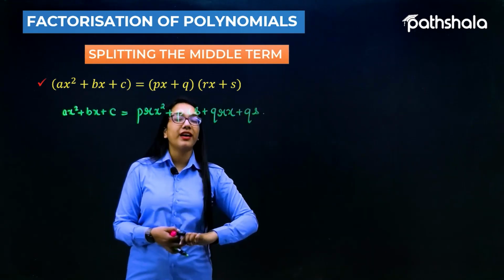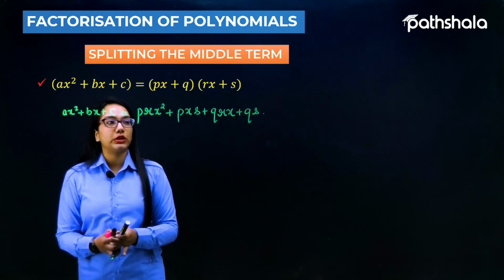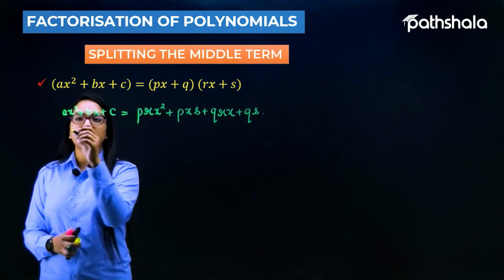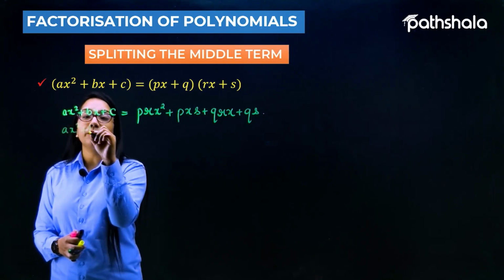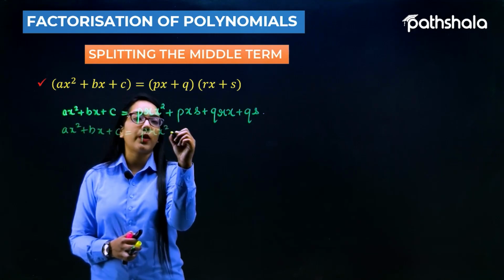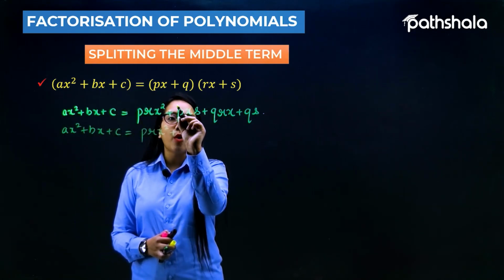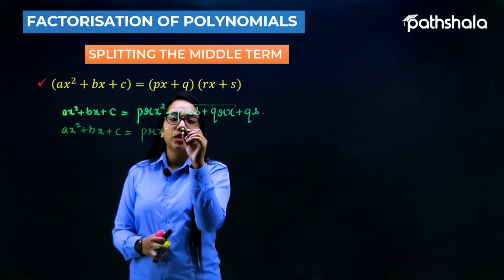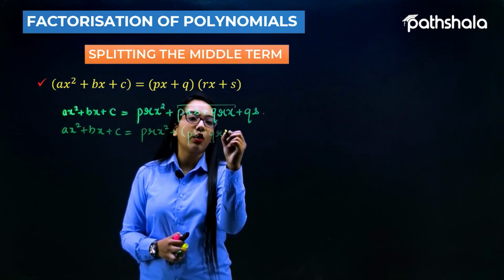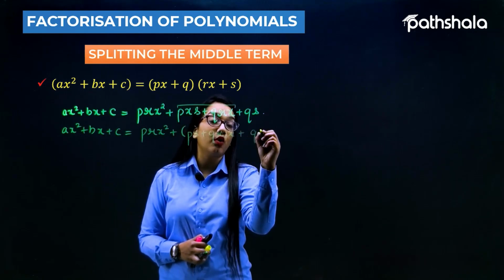Now let's compare both of the terms, but before comparison let me take some things common. Ax square plus bx plus c can be written as prx square plus, taking x common out of these two terms, (ps plus qr) x plus qs.